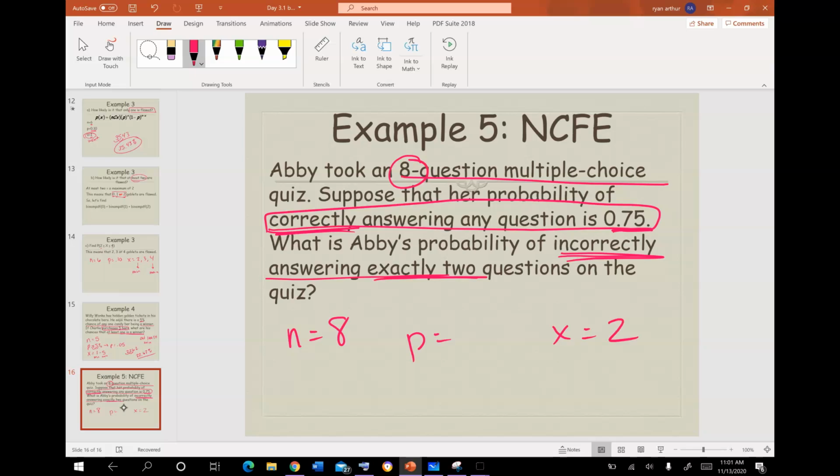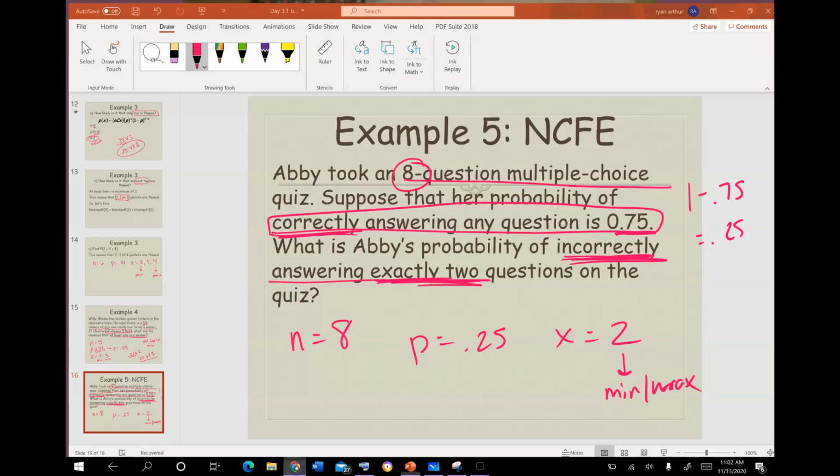So I want 2 incorrect. So this is correct. So we have to say 1 minus the 0.75 to get the opposite, which is 0.25. Okay? If you ever want the opposite, just subtract what they give you from 1. So when I go here, I want exactly 2. So the 2 is my min and my max.